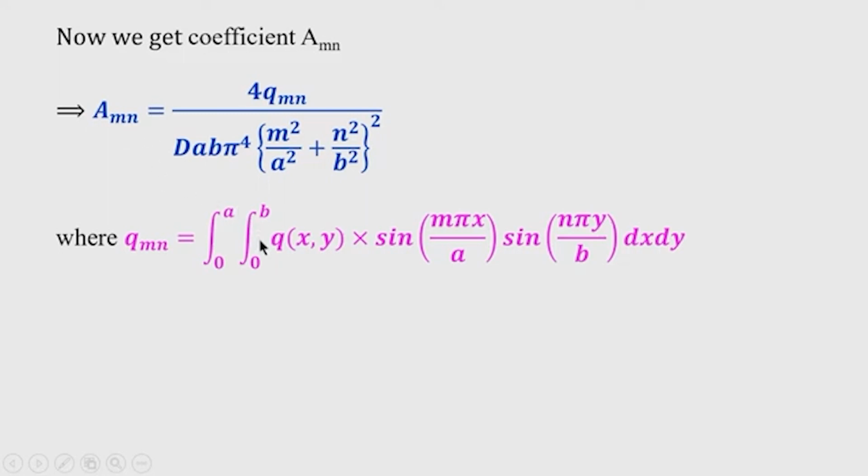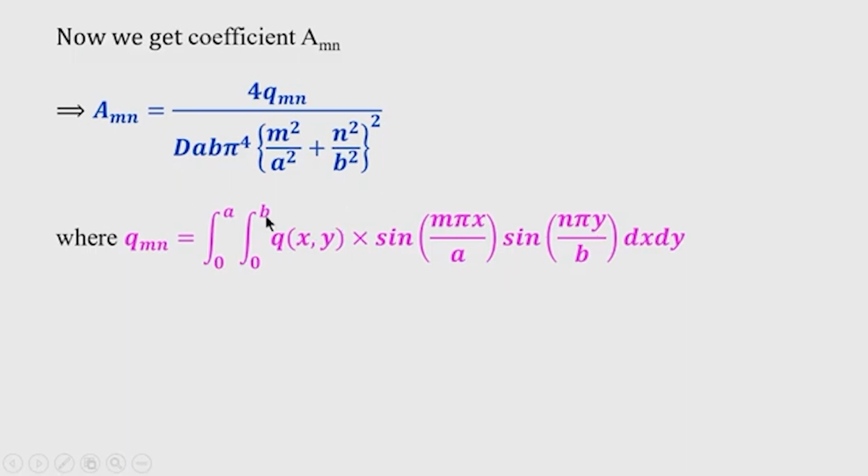Okay. So, what I see here, the important steps in the Navier's method is, first the Navier's method has to be applied only when all the edges of the plate are simply supported. So, that is the condition. Then for the given loading, you calculate the coefficient QMN. Once the QMN is known, then you calculate AMN.